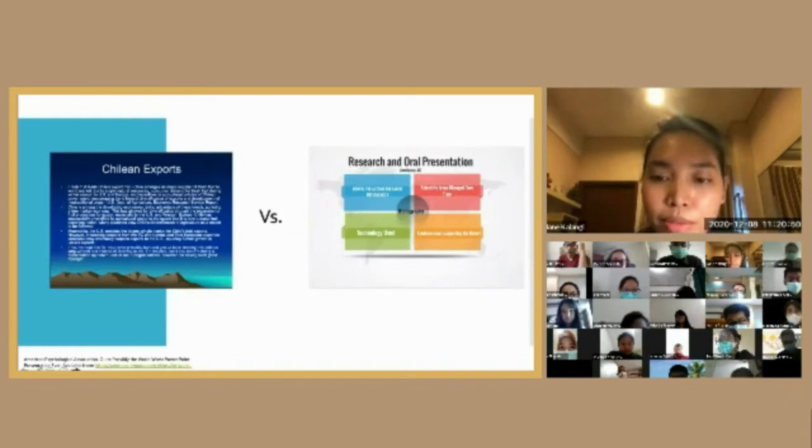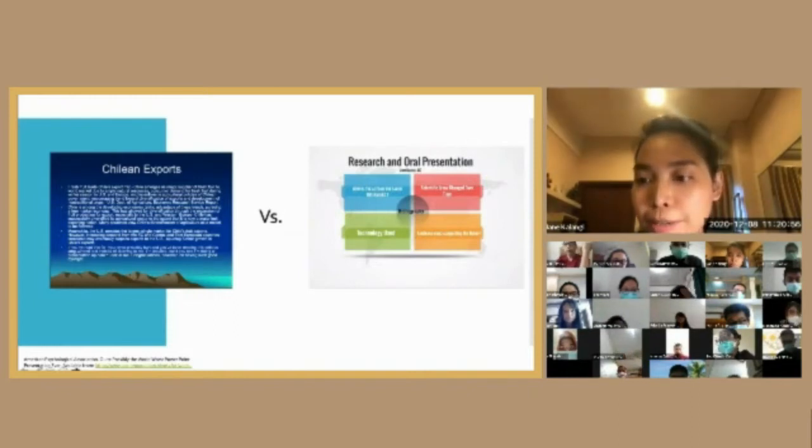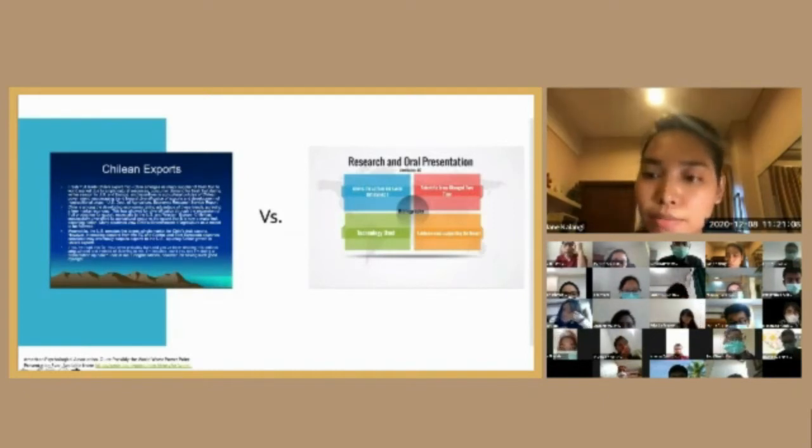There are no figures or bar charts to complement the presentation. Whereas on the right, we can see that the main ideas are structured in a very good manner. They use smart charts to present them, and they also use colors and interesting backgrounds. Next.